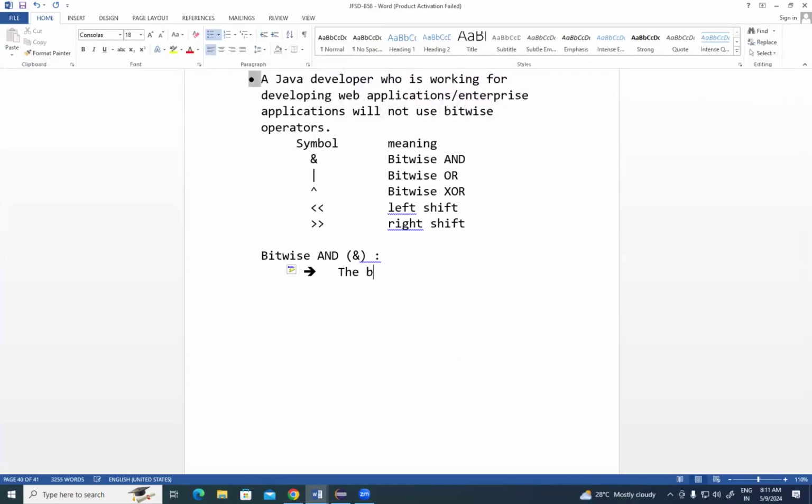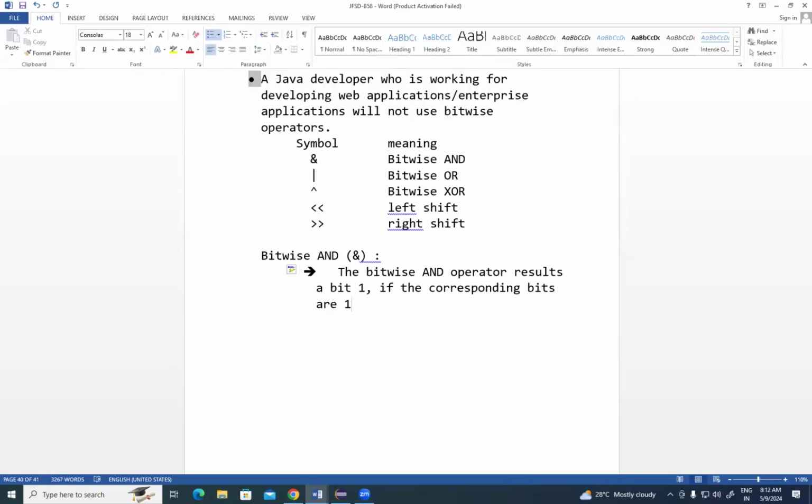Okay. The bitwise AND operator results a bit 1 if the corresponding bits are what?